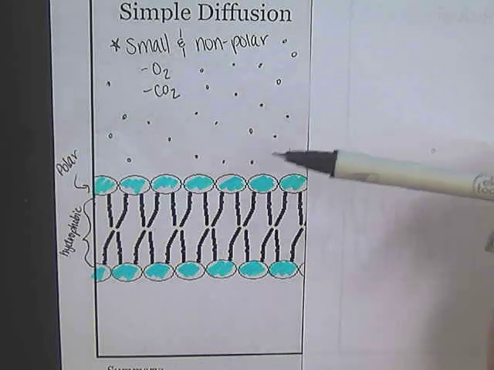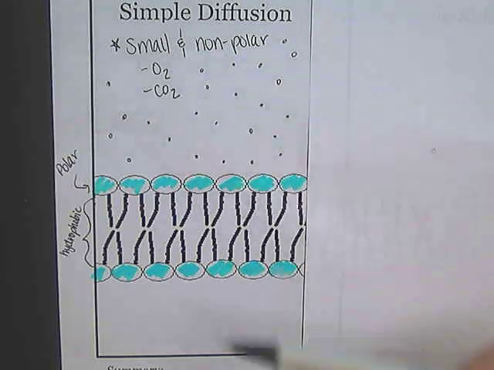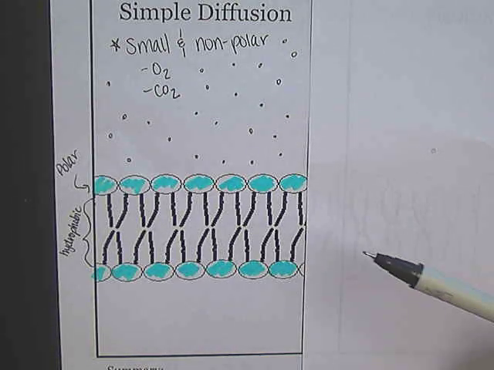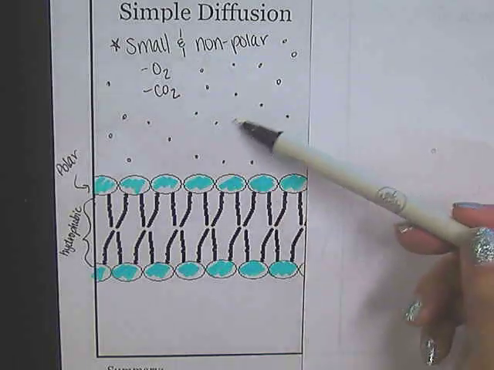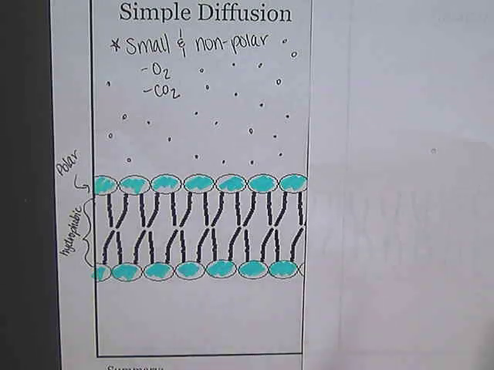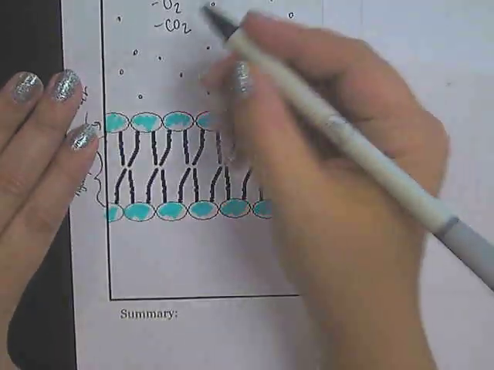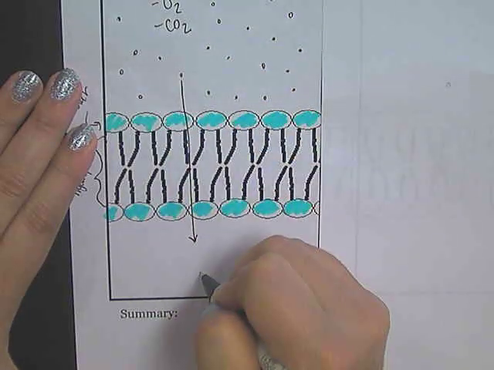So if it's oxygen, it'll be more abundant on the outside of the membrane. If it's carbon dioxide, it'll be more abundant on the inside of the membrane because of the cellular processes that produce the CO2, and then the use of the oxygen is going to make the concentration always lower inside. So molecules that are small and non-polar are going to be able simply to diffuse across the membrane.